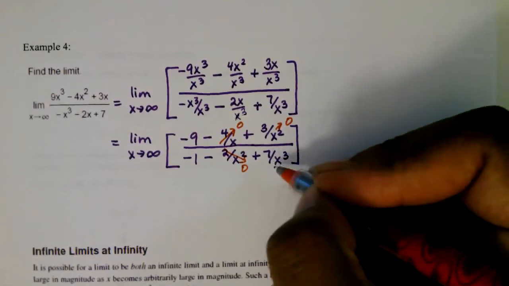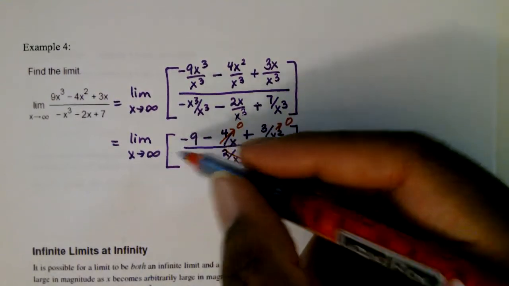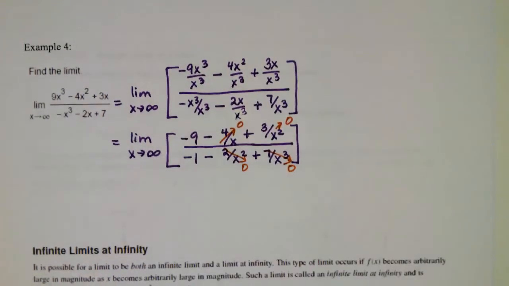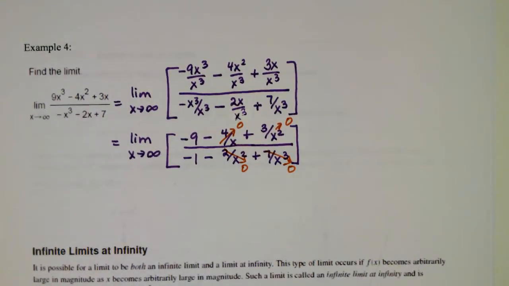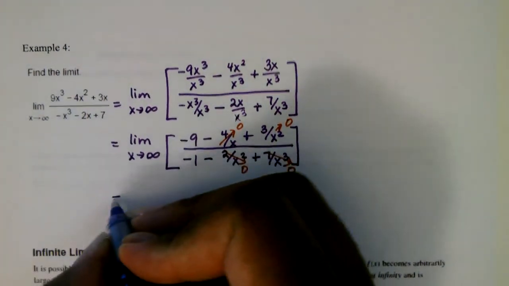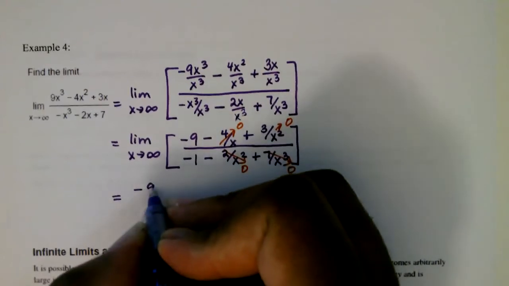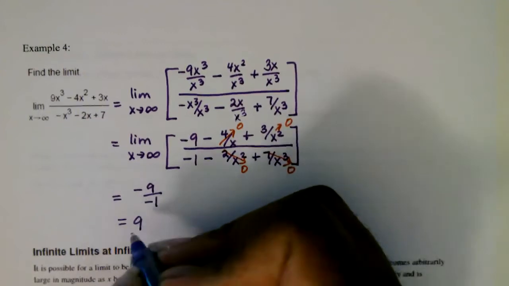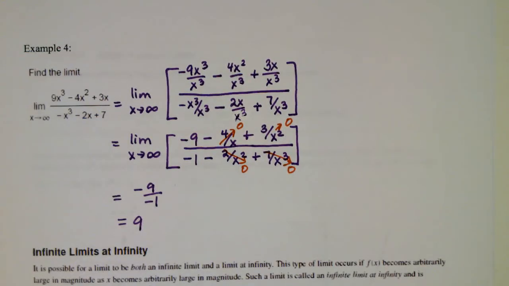And the same with the 7 over x cubed as I let x approach infinity. It's going to go to 0. So now we're going to end up with just 9 divided by negative 1, which ends up being negative 9. Okay. So that's how we take limits here as we let x approach infinity.